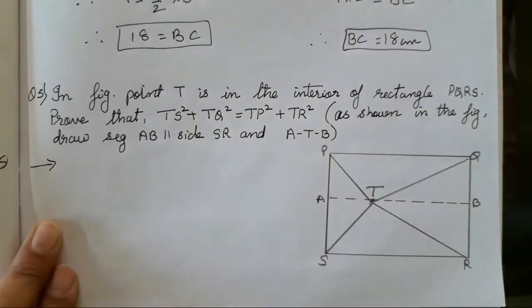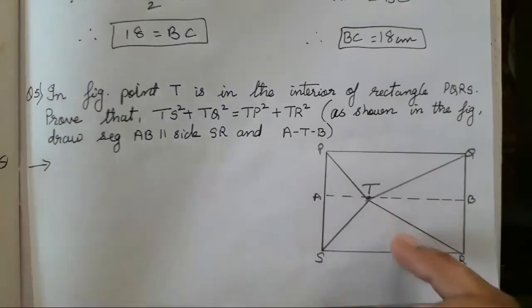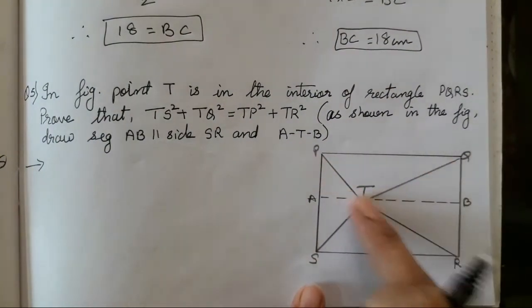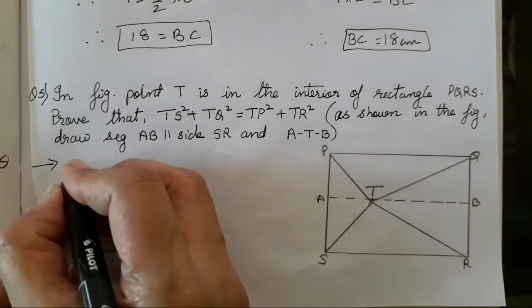First, we have to do the construction, which I have already done. In the textbook, you will only get this figure, but you have to show this dotted line, which is the construction.